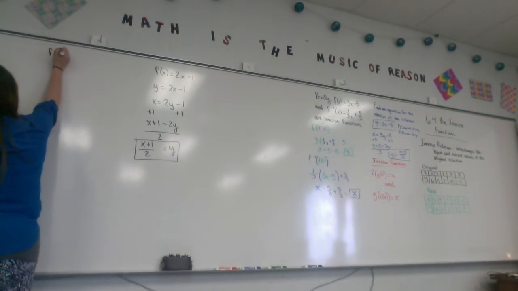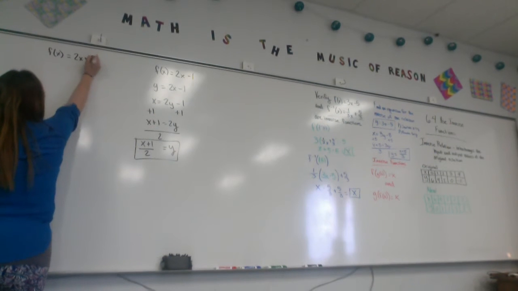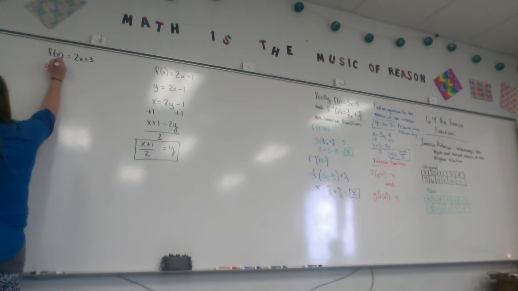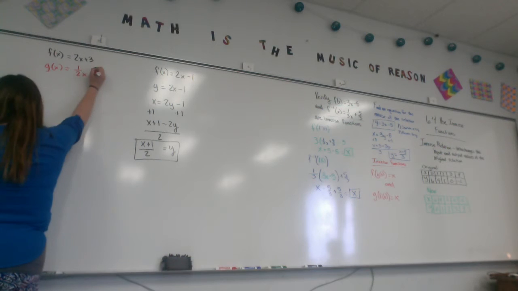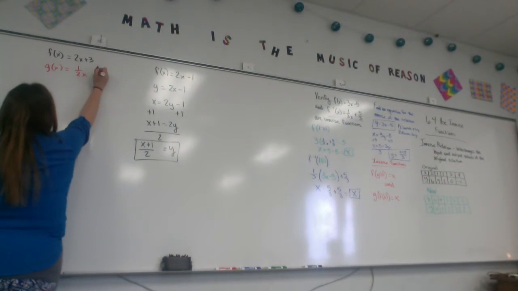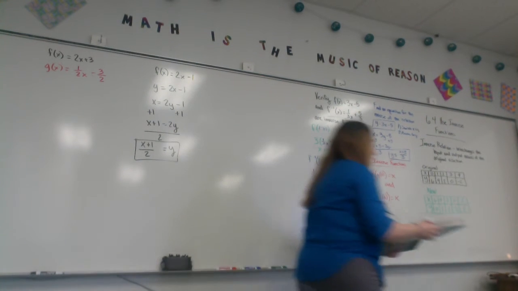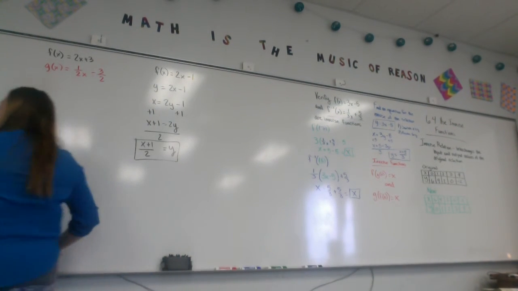F of x equals 2x plus 3. G of x equals 1/2 x minus 3/2.